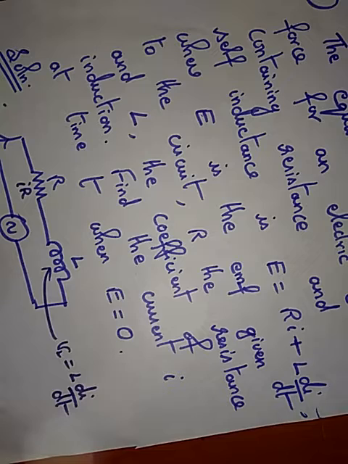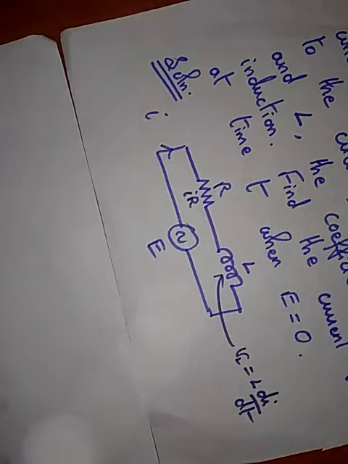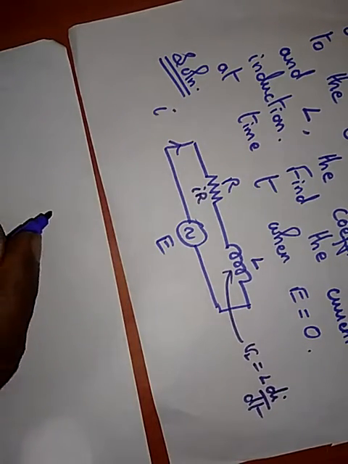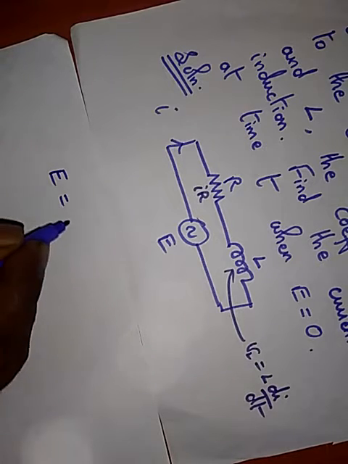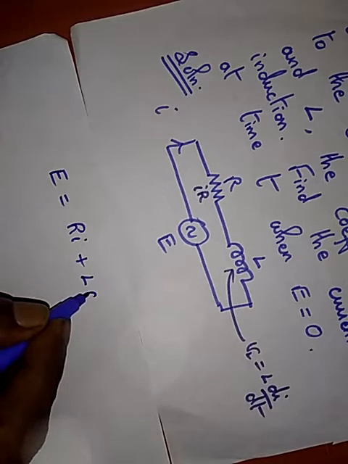Now we have to find the current. So the first step: given E equal to Ri plus L di by dt, you divide this equation throughout by L. So E by L is equal to R by L into I, and since L cancels out, finally you have di by dt.